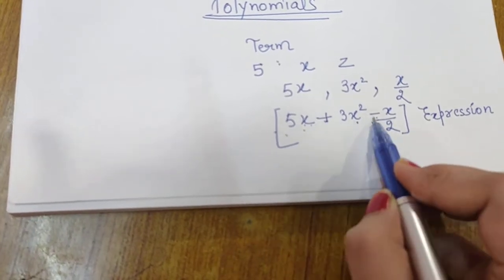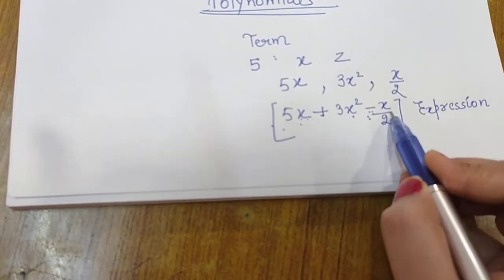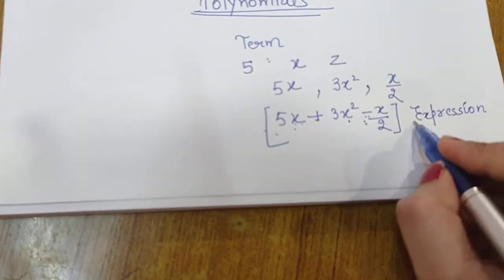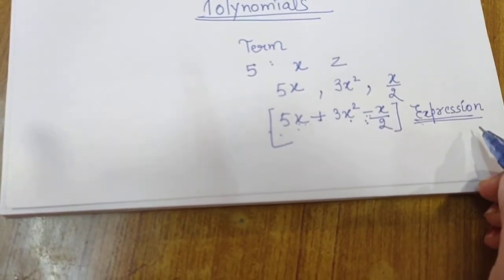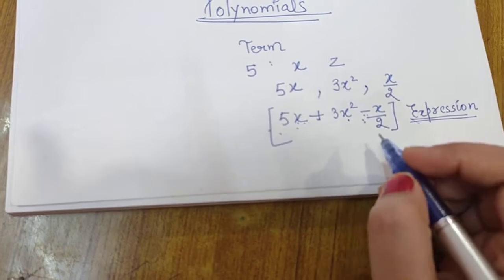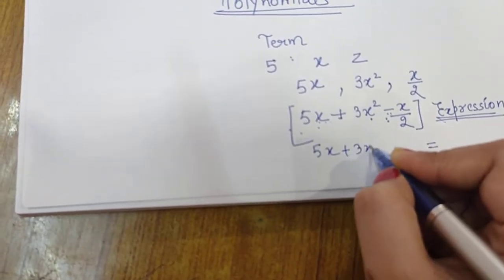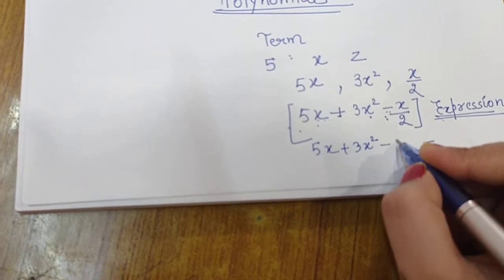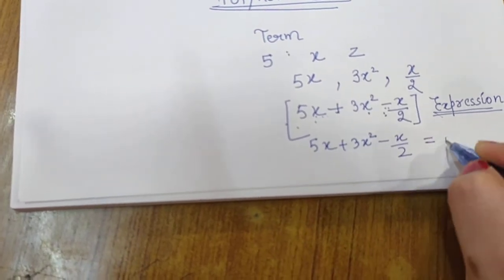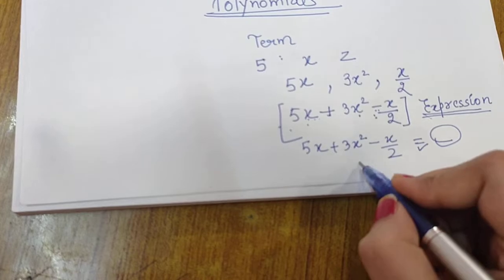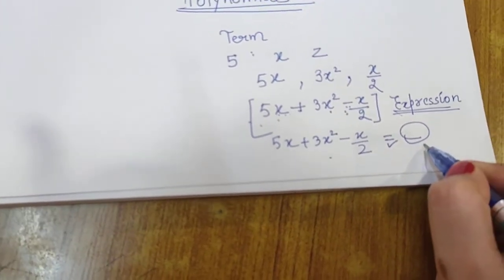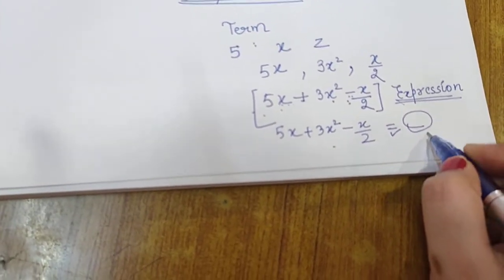Here is the plus sign, here is the minus sign, so there are three terms in this, and this is called an algebraic expression. With this, if we have an equal sign also, suppose 5x plus 3x square minus x by 2 is equal to something, so if we have an equal sign with a left hand side and right hand side, this will become an equation.